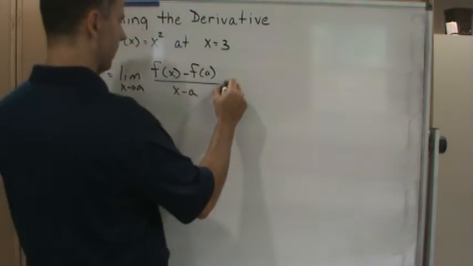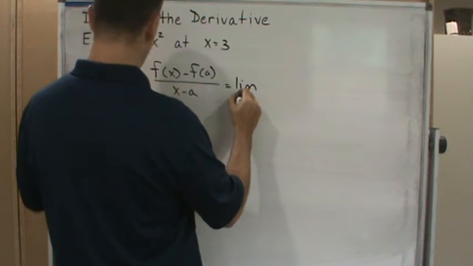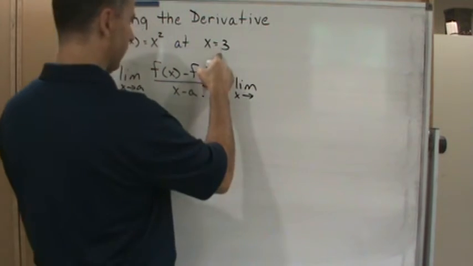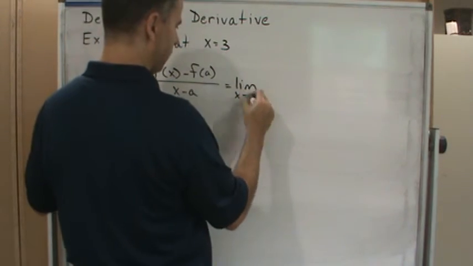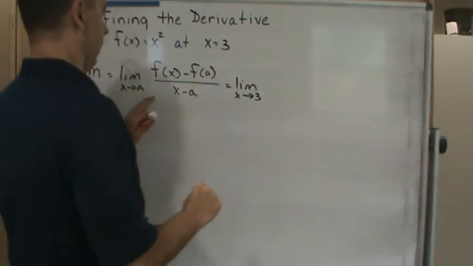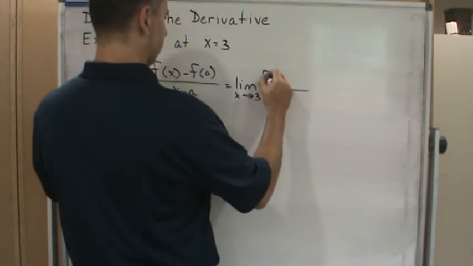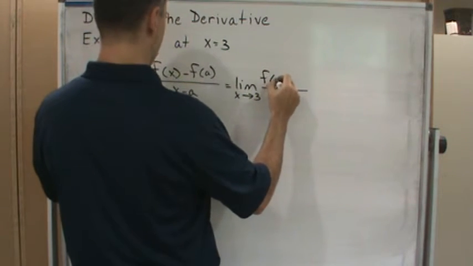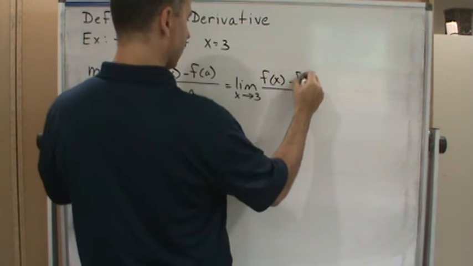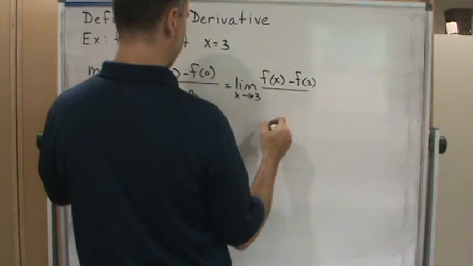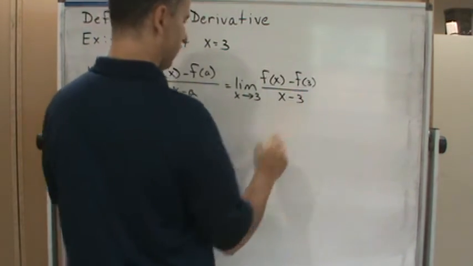So now I'm just going to fill in. Again, don't drop your limit. So limit as x approaches, now here x equals 3 is the point that we're interested in, so as x approaches 3 of f of x minus f of 3 over x minus 3.